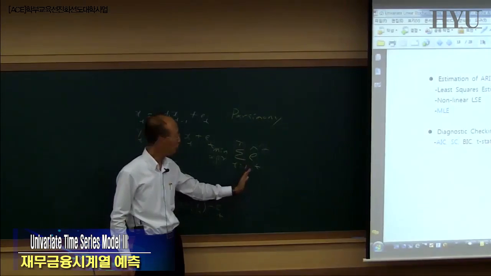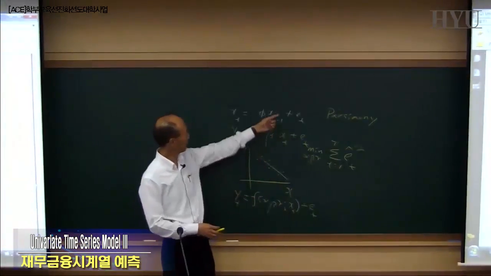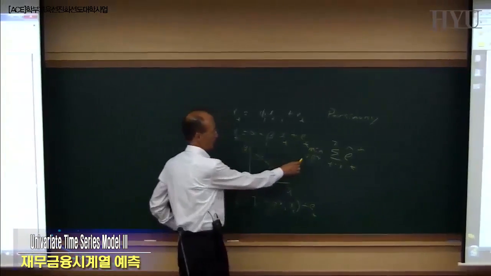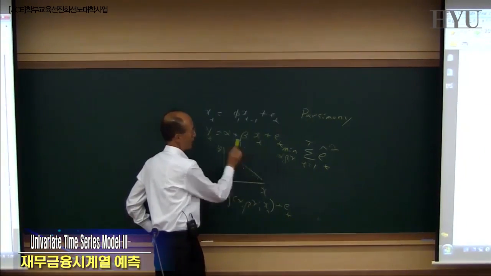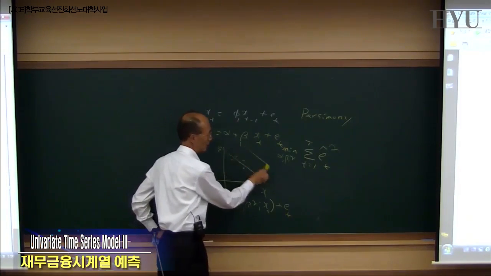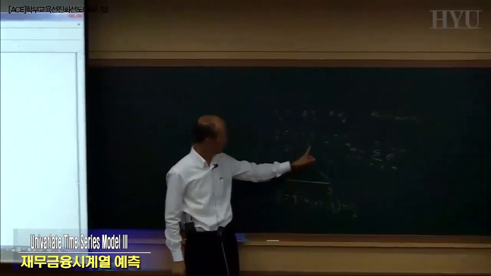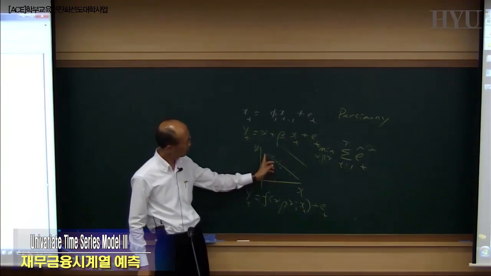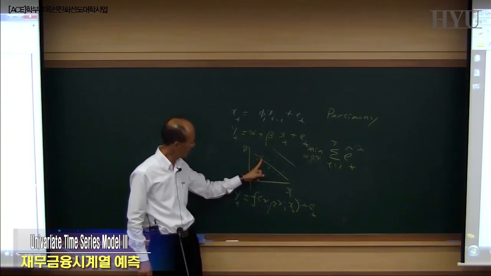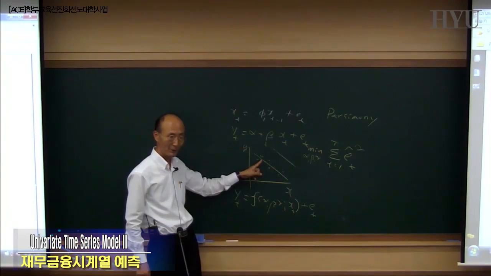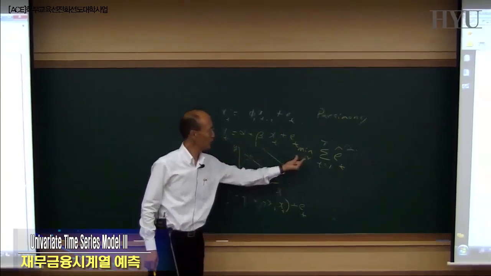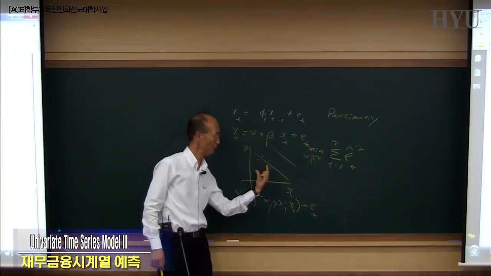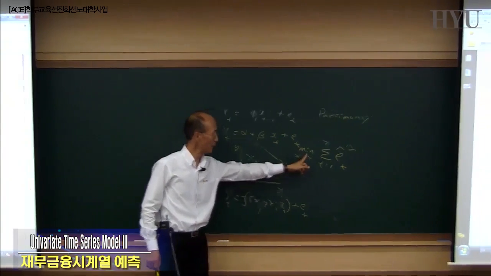The smaller this is, the tighter the relationship. If you choose the wrong alpha and beta, so you draw a line like this one, then the residual e of t is very big. If you find the right one, e of t is very small, right? So changing this number means you are moving this line back and forth, and you can find the one that minimizes the whole thing.